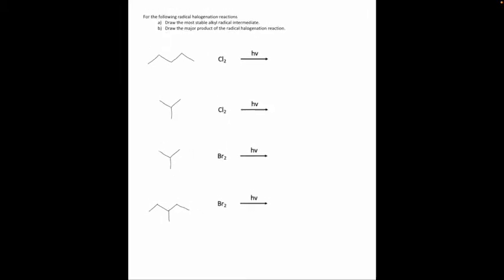Okay. And then copy down these molecules here. These are these radical halogenation reactions here. And I'll put those values for the reactivity of primary, secondary, and tertiary positions up on the board. I don't remember what it is for bromine. Bromine is off the top of my head, but.